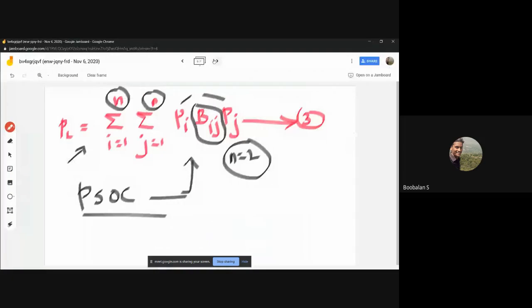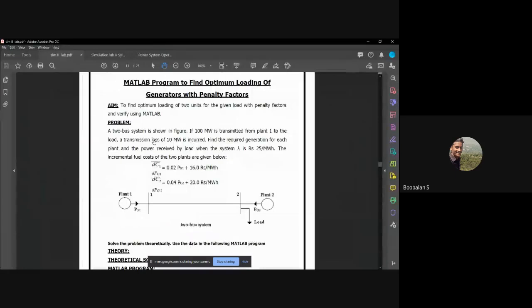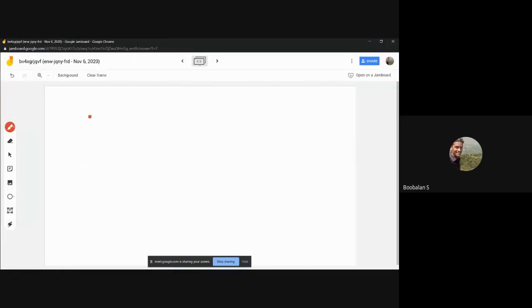Now PL is equal to 100 into B11 into 100. It will be around 10,000 B11. The power loss, the transmission loss from plant 1 to plant 2, is given as 10 megawatt. So 10 equals 10,000 B11.